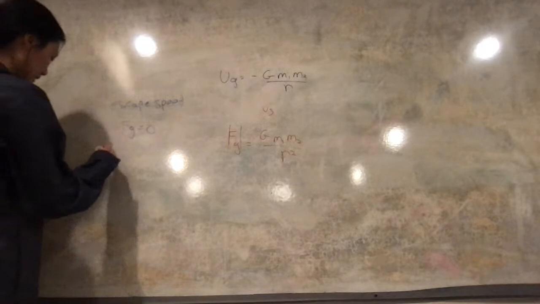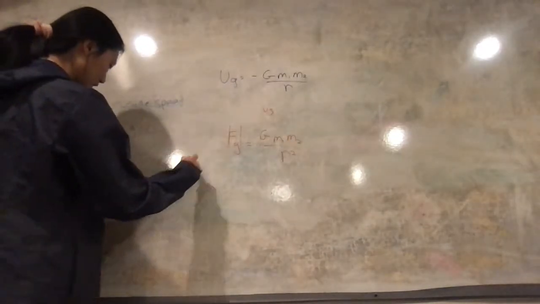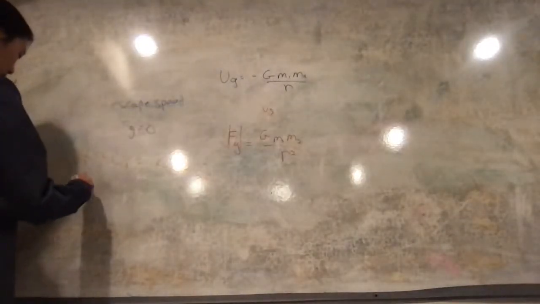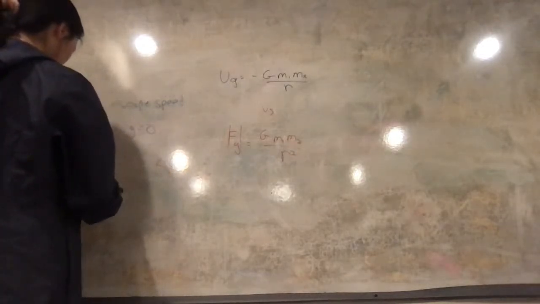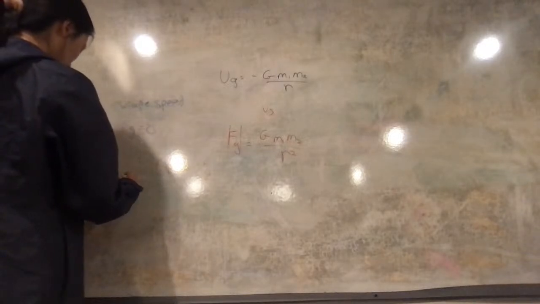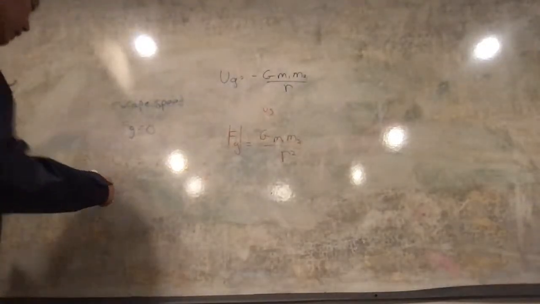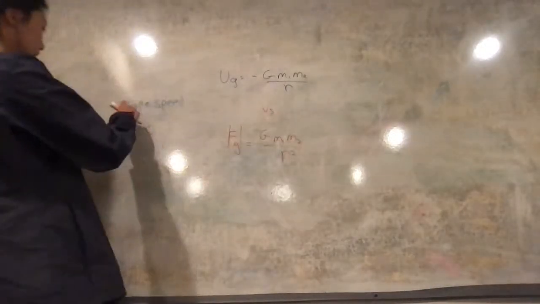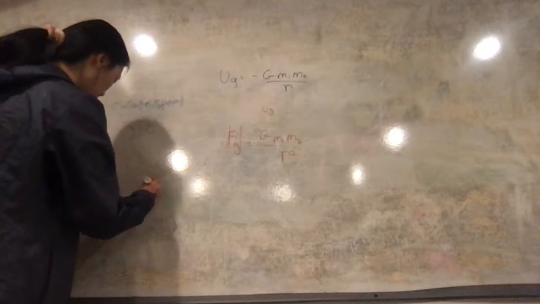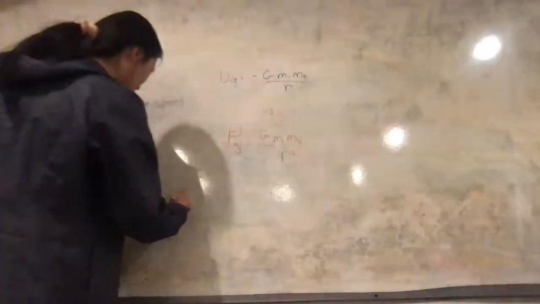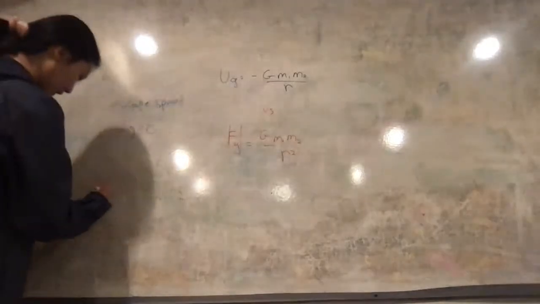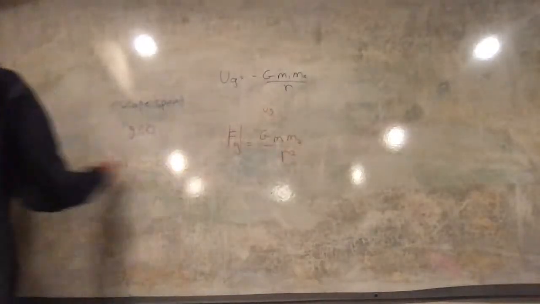K initial plus U initial equals K final plus U final, which equals 0. So 1/2 mv squared plus, not mgh, we're using negative G m1 m2 over r equals 0 plus 0. So escape speed is this velocity when both are 0.